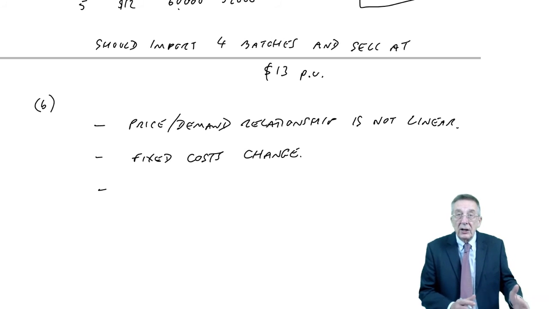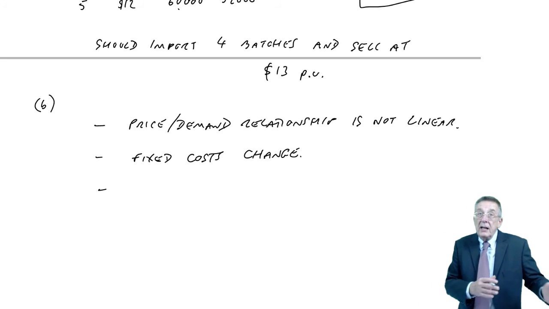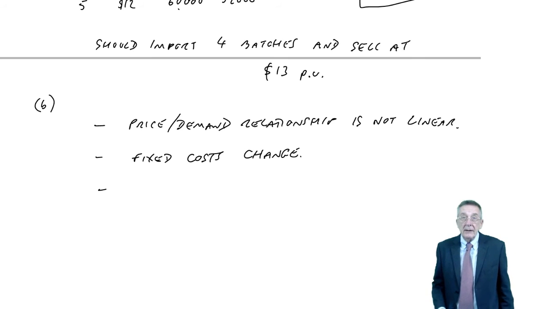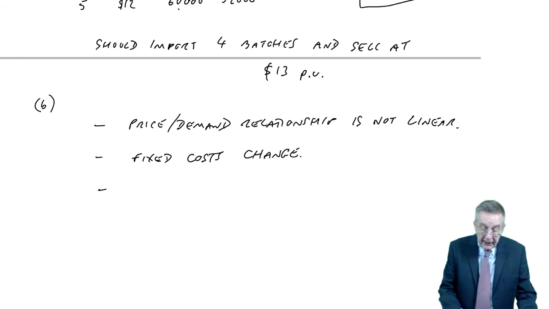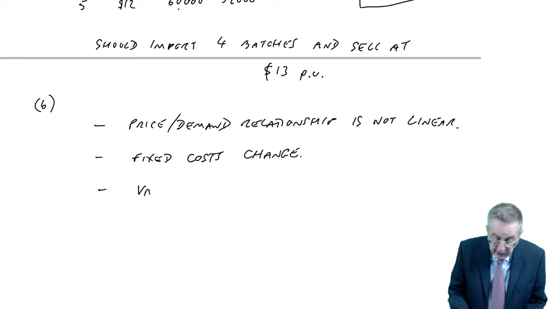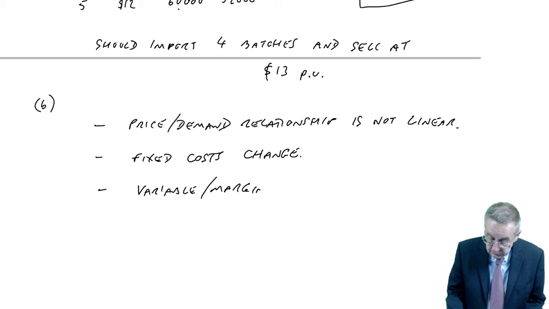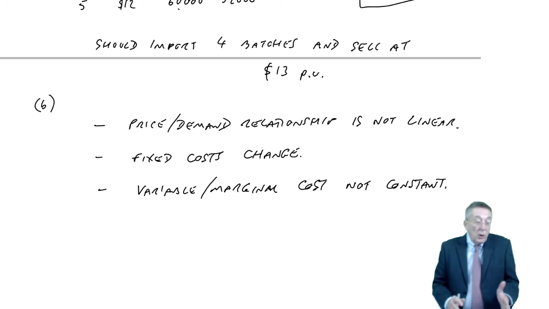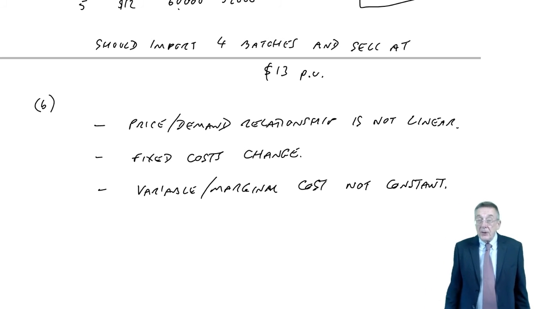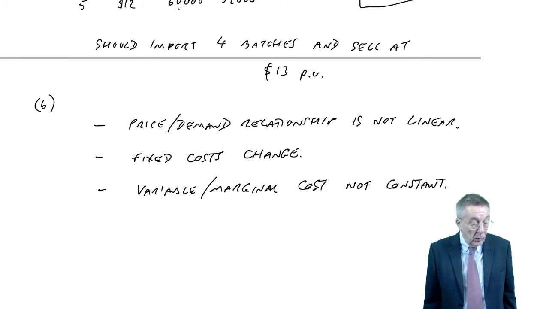It would have to be $10 per unit, whatever the quantity. Here it keeps changing. So the marginal cost is not constant. And so all of those really make it impossible to do it the algebraic way.